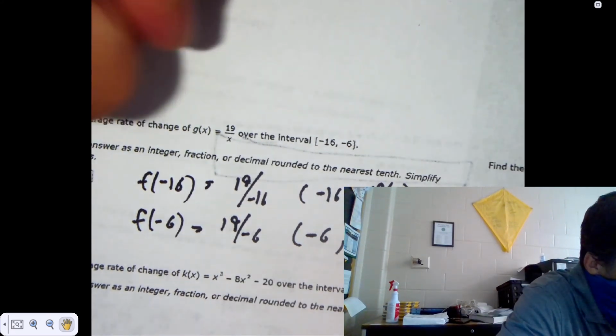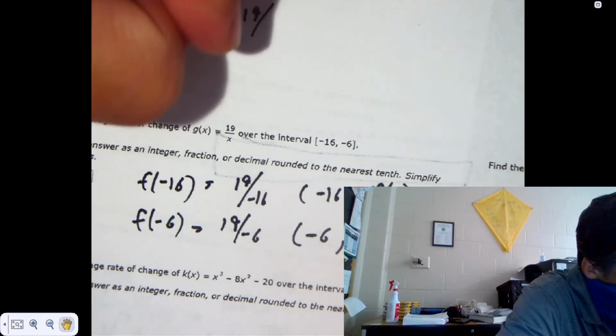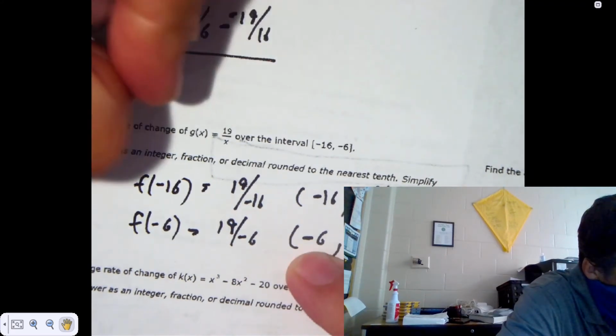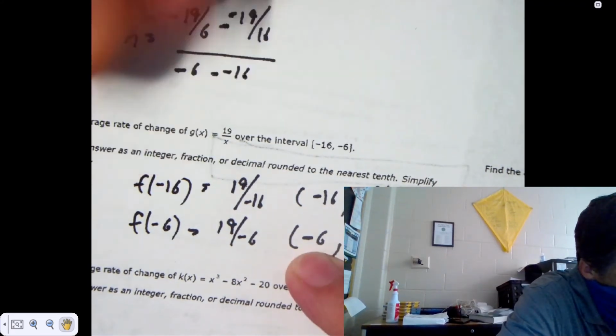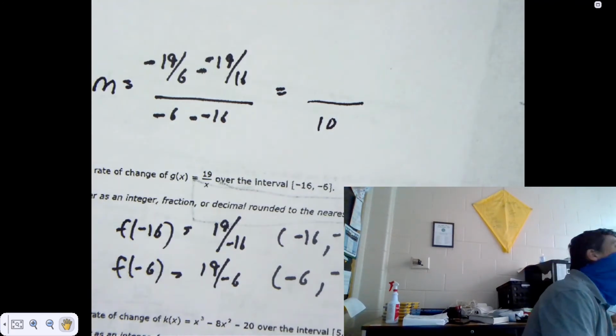I'll do negative 19 sixths minus a negative 19 sixteenths over a negative 6 minus a negative 16. Now the denominator is 10. You should see that. Negative 6 plus 16 is 10.